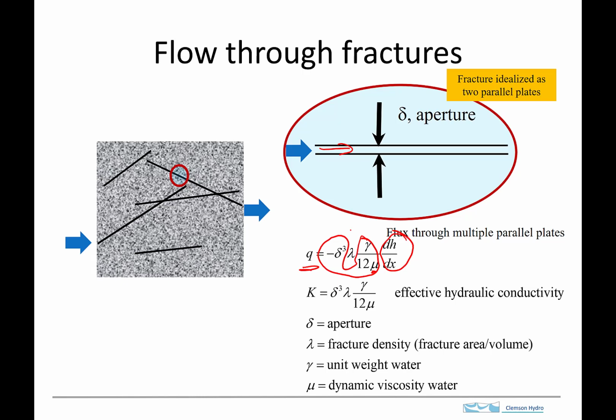And then what we've added here is this lambda term to account for multiple fractures. Okay, so this expression up here is the expression for the flux driven by a head gradient through multiple fractures that are characterized as parallel plates and characterized by this fracture density.